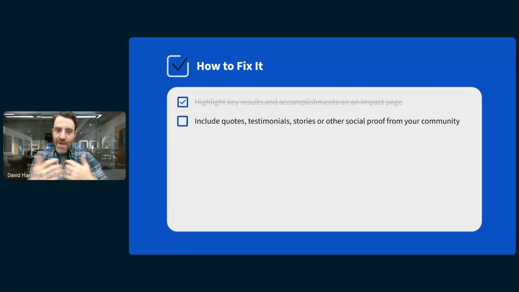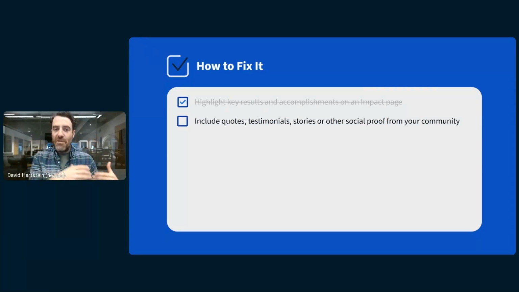So for example, let's say you have a page on your site promoting an upcoming workshop or an event that you're hosting. You might include quotes from past participants or the rating that past participants gave that workshop on a post-engagement survey or something like that.